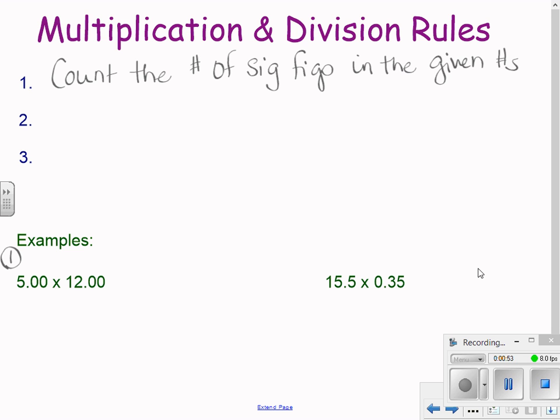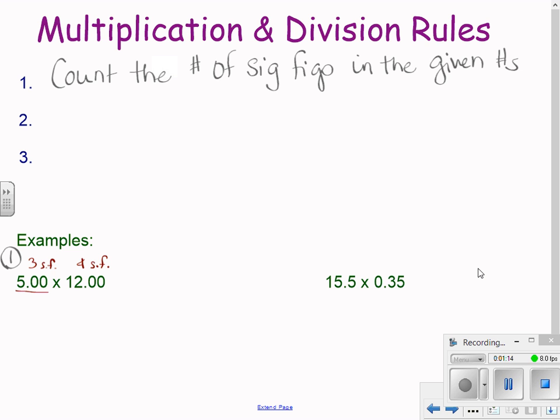All right, so in 5.00, we've got 3 Sig Figs. We have trailing zeros, but there is a decimal point, so I just make a little notation right above my number so I don't forget. In 12.00, we have 4 Sig Figs. Again, we have trailing zeros with a decimal point, so they all count.